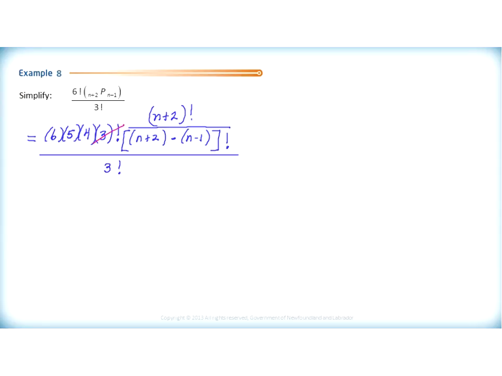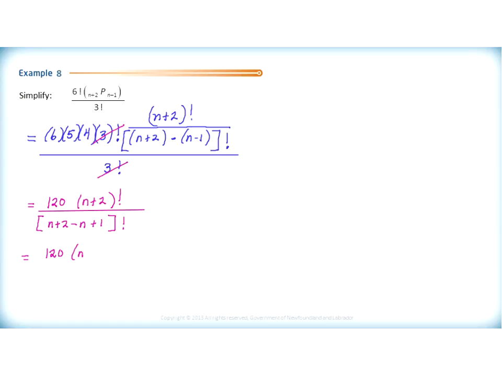Notice, first of all, that the 3 factorials will cancel. So that makes life a little easier. So then we have 6 times 5 is 30, times 4 is 120, multiplied by n plus 2 factorial. And all of that will be divided by, now we need to check the brackets, n plus 2 minus n plus 1 factorial.